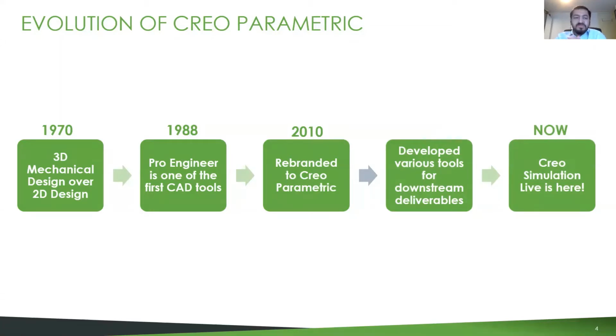And now we've gone from strength to strength, developing various tools for manufacturing, such as additive manufacturing, sheet metal, machining, all types of add-ons that we have created to benefit actual businesses in manufacturing, to where it brings us now, where we have true simulation-driven design with Creo Simulation Live.